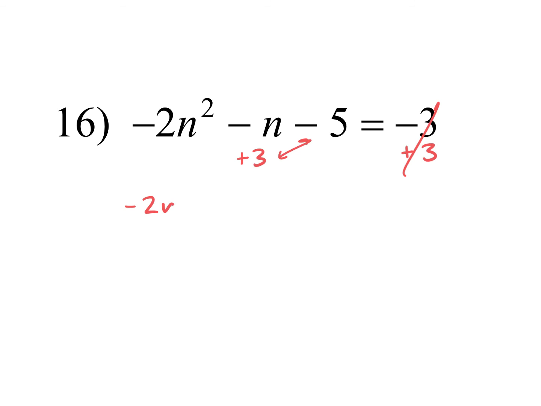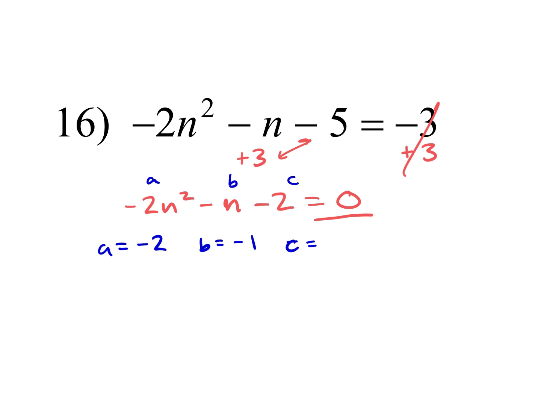So I have -2n squared minus n, and what's -5 plus 3? -2 is equal to 0. Once I have it equal to 0, then I can list A, B, and C. So A, B, C. A is equal to what? -2. B is equal to? -1. And C is -2.